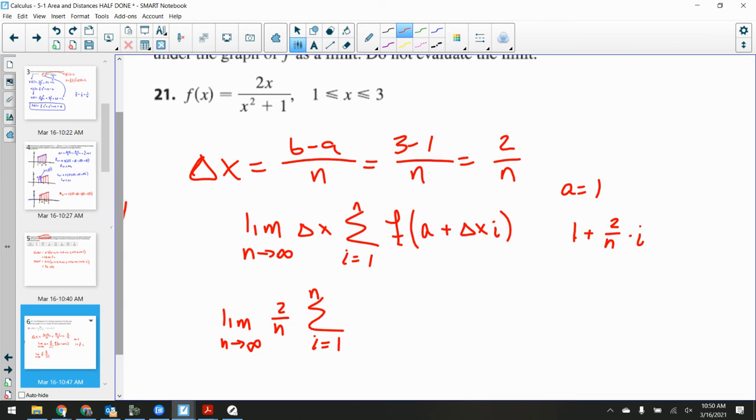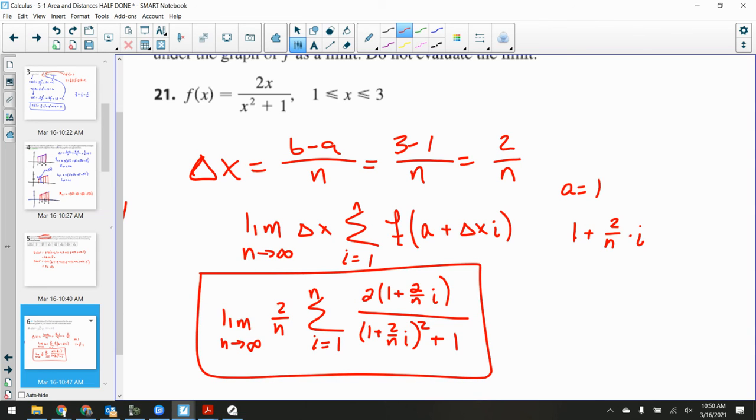Plugging that into the function, that would be 2 times (1 plus 2 over n i), all divided by (1 plus 2 over n i) squared, plus 1. And for right now, we leave it like that.